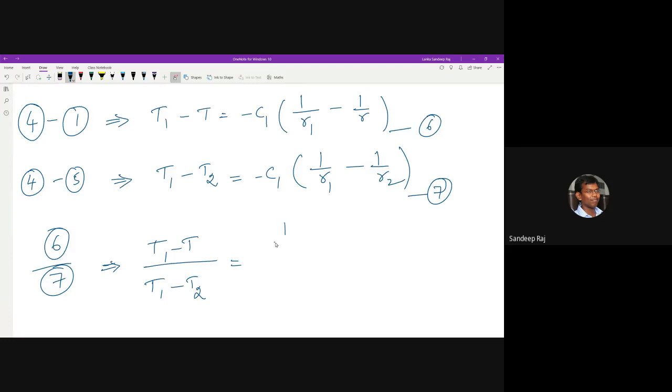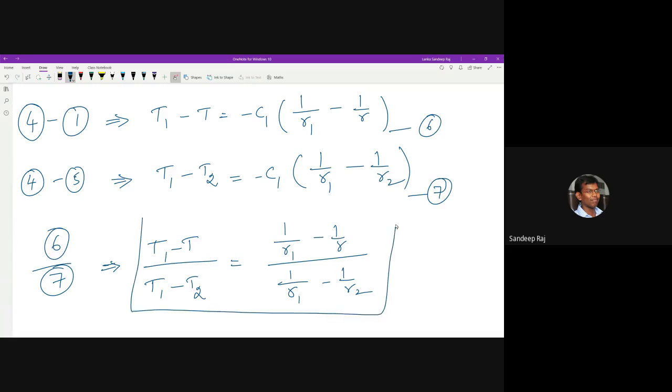And what remains here is 1 by R1 minus 1 by R by 1 by R1 minus 1 by R2. So that's how your equation will be. And this equation, you can take it as the temperature variation equation.